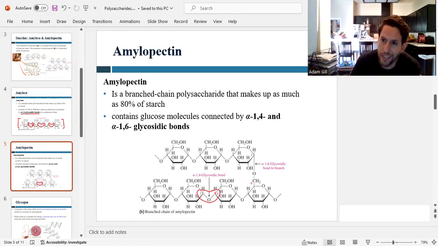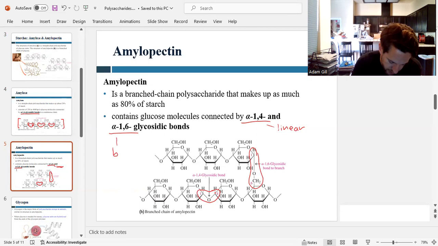And that side chain is caused by an alpha 1,6 glycosidic bond. And so amylopectin has both alpha 1,4 and alpha 1,6 glycosidic bonds. The alpha 1,4 makes the linear chain, just like amylose, and then the alpha 1,6 are the branches.